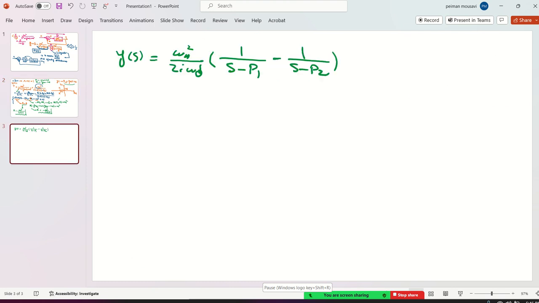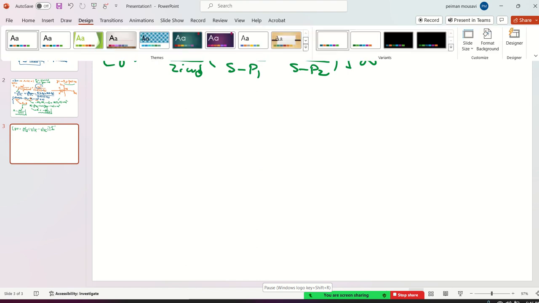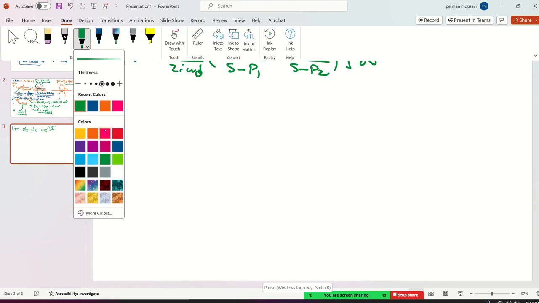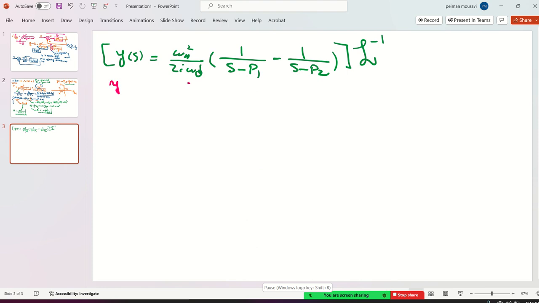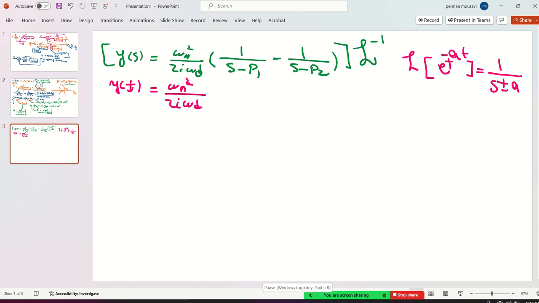So now we're going to go to find the time domain, the Laplace inverse. Being said, y of t is going to be omega n squared over 2i omega d, and you know that, guys, I taught you, the inverse Laplace of 1 over s plus a is e to the minus at.